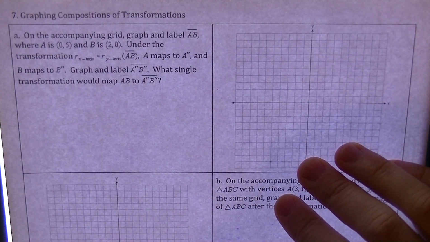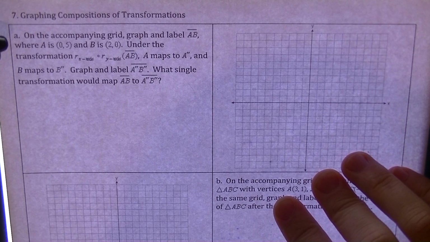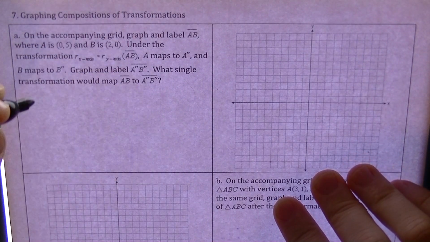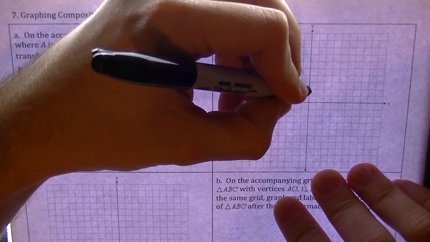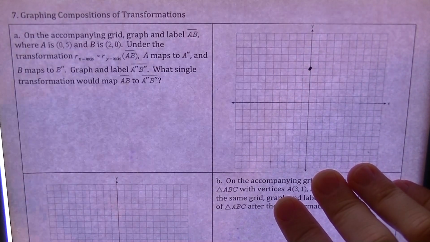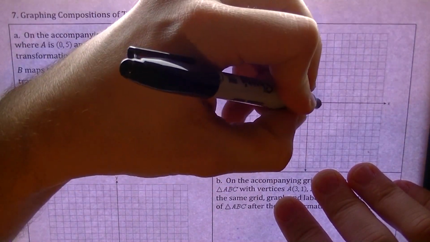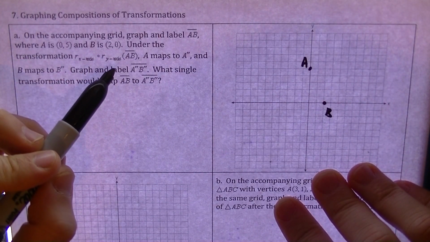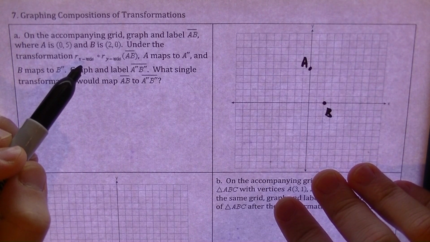On the accompanying grid, graph and label line segment AB, where A is (0, 5) and B is (2, 0). So 0, 1, 2, 3, 4, 5 is that point right there, A, and B is at 1, 2, 0, B. Under the transformation, first a reflection over the y-axis, then a reflection over the x-axis.